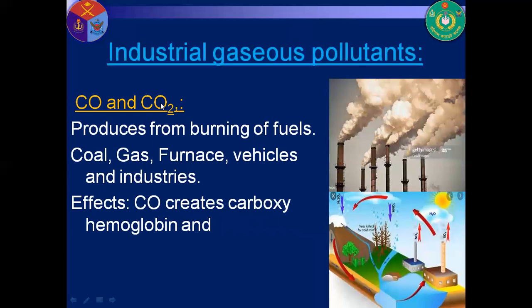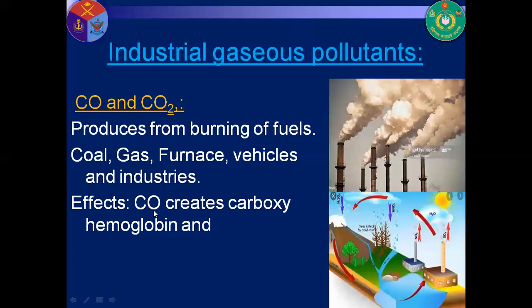Carbon dioxide is the greenhouse gas. It increases the temperature in the environment, and from this temperature rise, different harmful effects occur. Suppose sea level increases, temperature increases, then deforestation increases. Carbon monoxide is a very poisonous gas. It is very harmful.